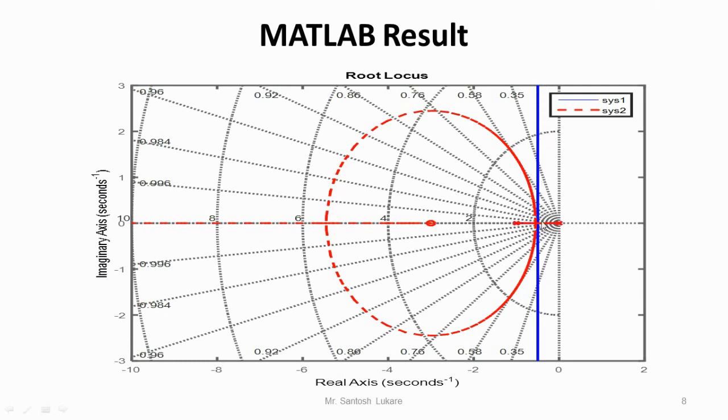The green plot indicates the root locus of the plant G(s) = K / (s(s+1)), and the red color indicates the root locus of the plant with transfer function G(s) = K(s+3) / (s(s+1)). So here we may say that the root locus shifts towards the left hand side in the s-plane if we add the zero to the transfer function.